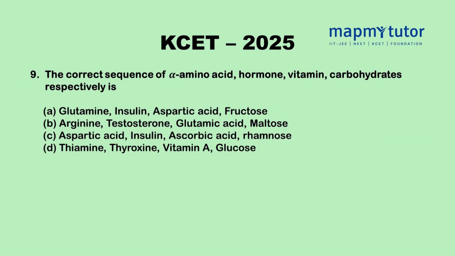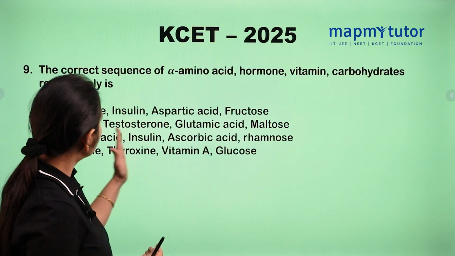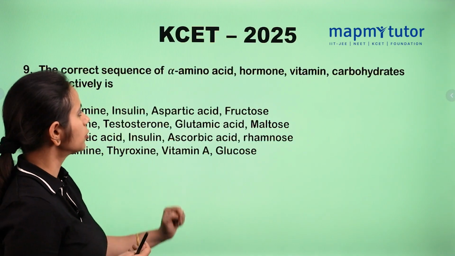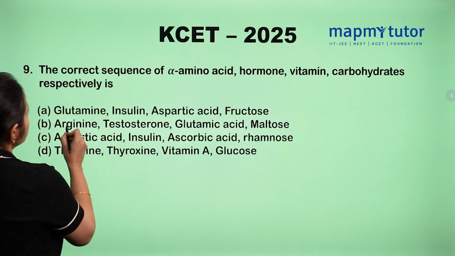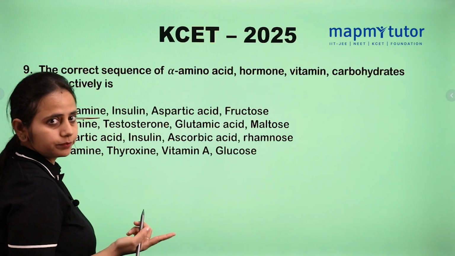The correct sequence of alpha amino acid, hormone, vitamin, carbohydrates respectively is? From the options we need to tell in order: first alpha amino acid, then hormone, then vitamin and carbohydrate. Let's see. Glutamine is an alpha amino acid, that we all know.